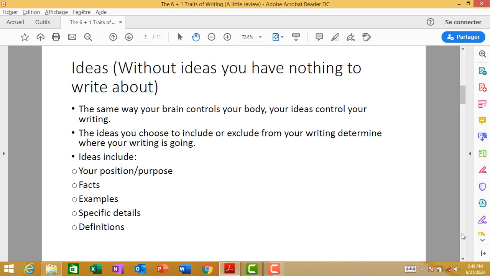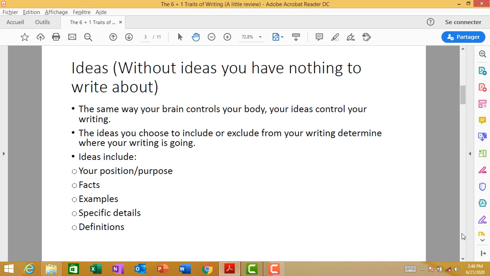So without ideas, you have nothing to write about. It's obvious. The same way your brain controls your body, your ideas control your writing. The ideas you choose to include or exclude from your writing determine where your writing is going.